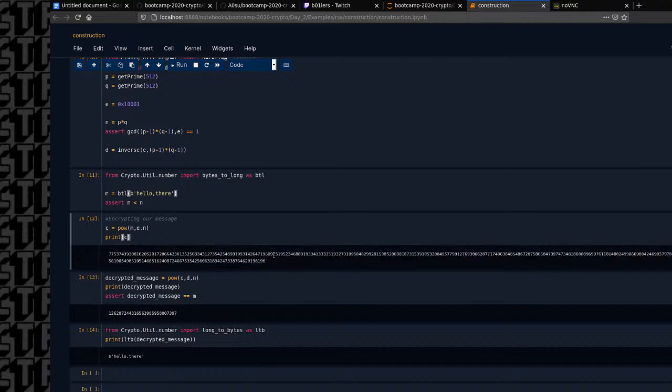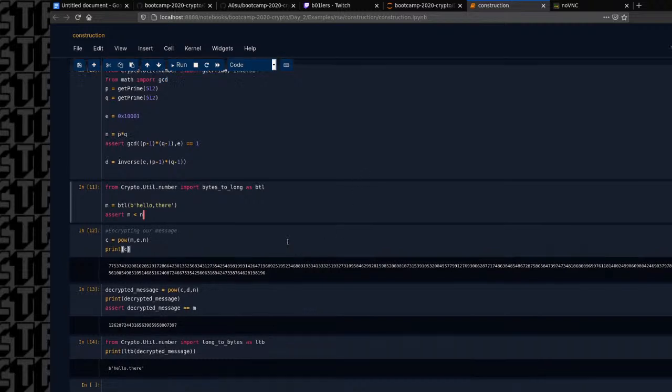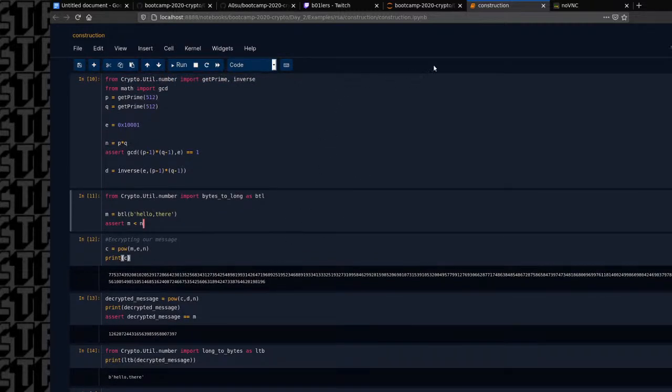Looks nothing like a string of text. So then to decrypt that, we'll raise it to d as I explained before. And then just to show that it is equivalent to the message m, I did an assertion here. We get this back. So to convert this back, we'll use the PyCryptodome function long_to_bytes. Long to bytes gives us the string back that we inputted here. So that's just a small example in how RSA works.